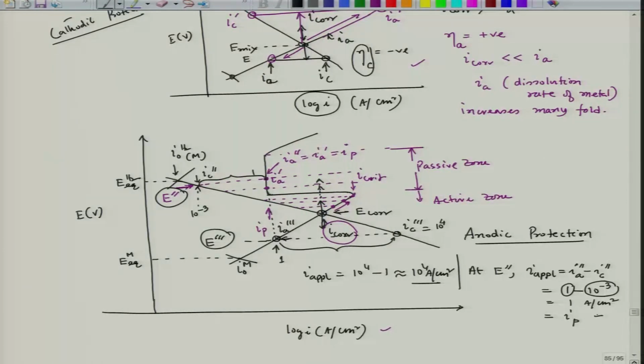But here if we follow anodic polarization and reach E double prime potential, I see that the current requirement, which is I applied, would be only 1 ampere per centimeter square. So, that means in case of active passive metal, anodic protection becomes beneficial economically, because I need a much lesser current flow in the circuit for getting the same degree of protection.